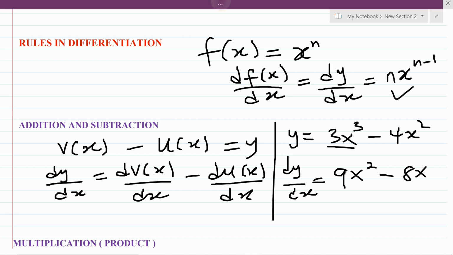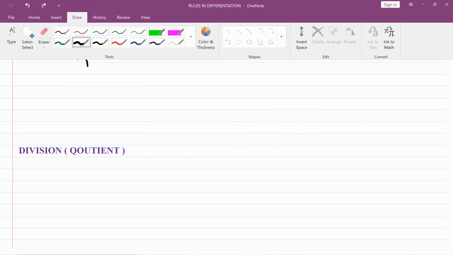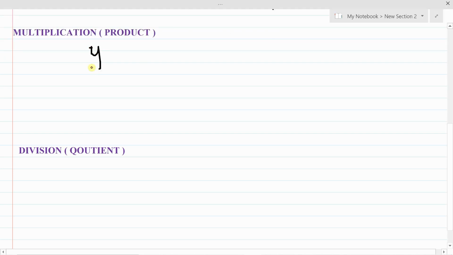So with the product rule, let's say I have functions f of x, or let me write the y first. I have y is equal to f of x times g of x.